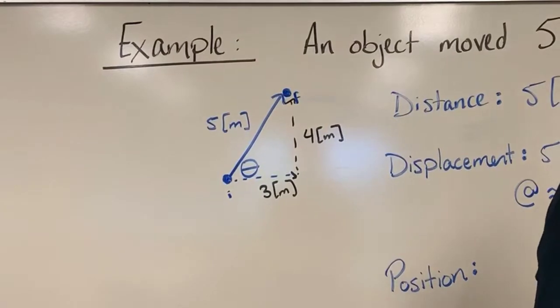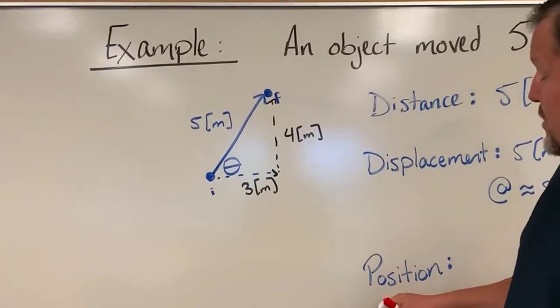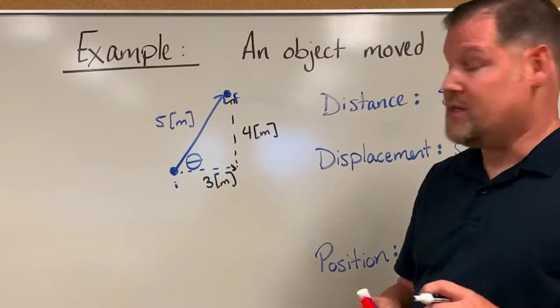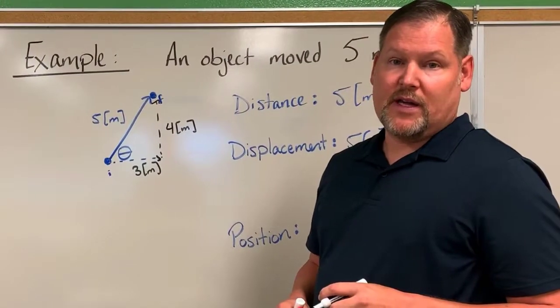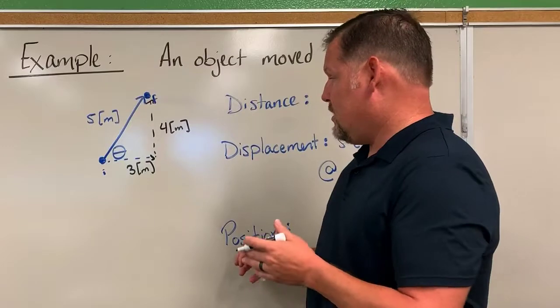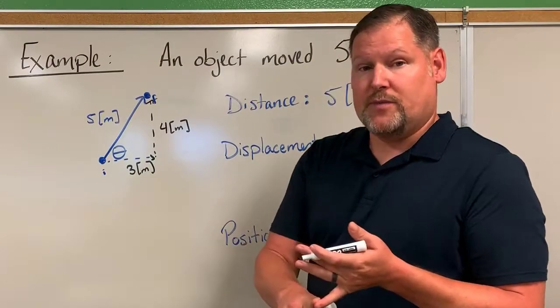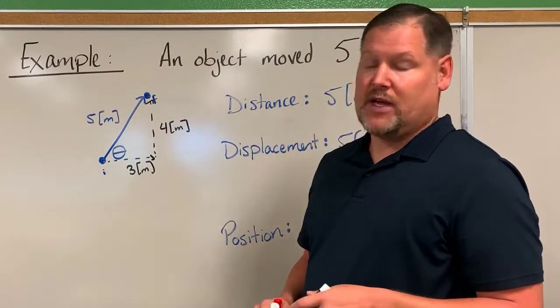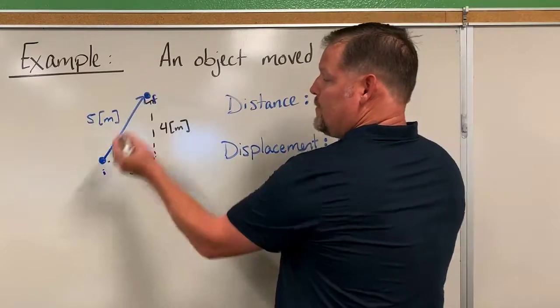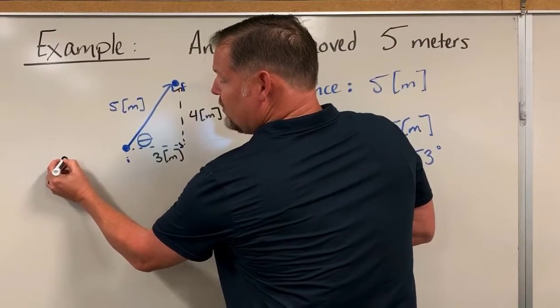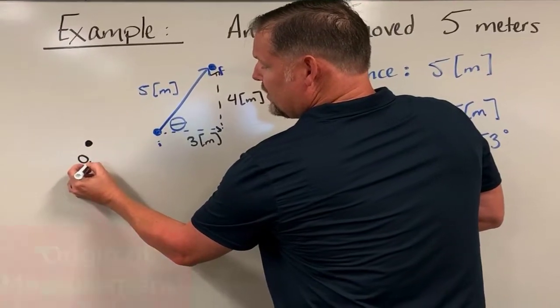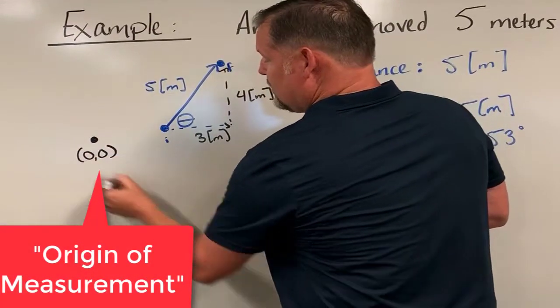But how would we describe that position? There's actually some other information that's needed for position. In order to describe a position, you need a coordinate system to be defined. That needs an origin of measurement and definition of direction. So if I said over here is my origin of measurement.